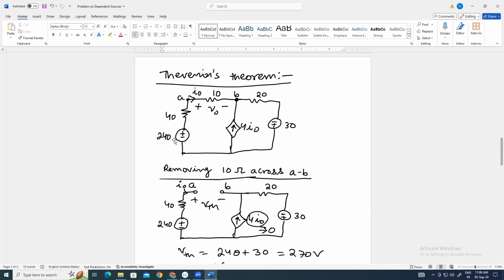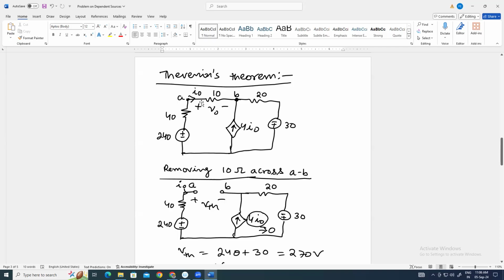Both will be short circuited. For Thevenin's equivalent circuit for VTH, this dependent source will remain as it is. The dependent source will be there in the circuit, and we will remove the element connected between these two terminals.